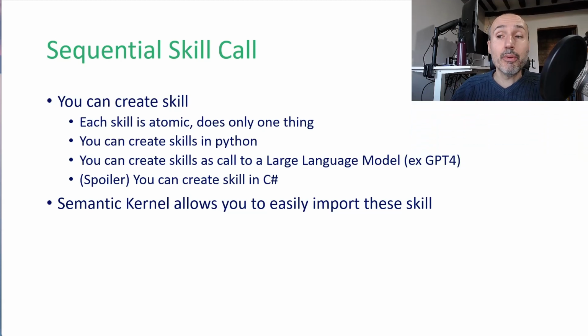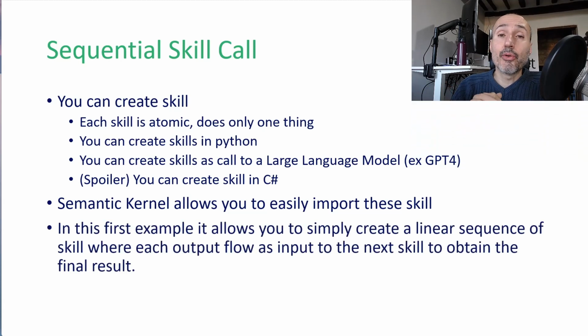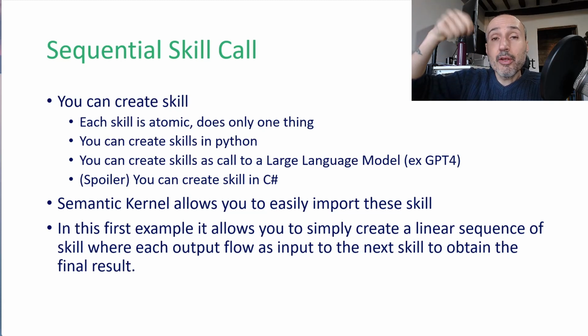Really, really simple. And in this first example, I show you that when you have a sequence of skills, you can simply ask the kernel to execute a chain of skills where the output of one skill is the input of the other, and it goes down sequentially one after another to execute a list of operations and obtain a goal.